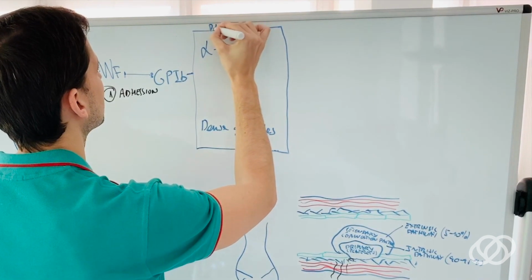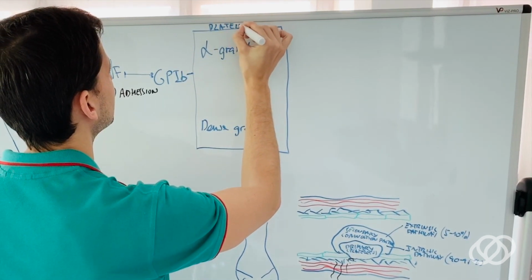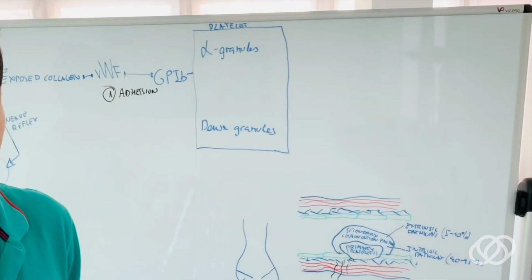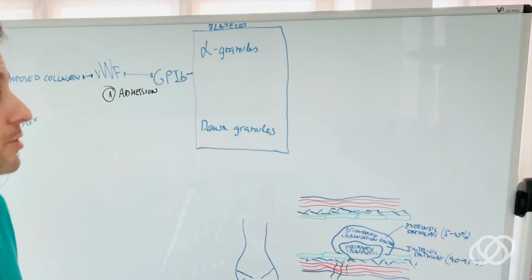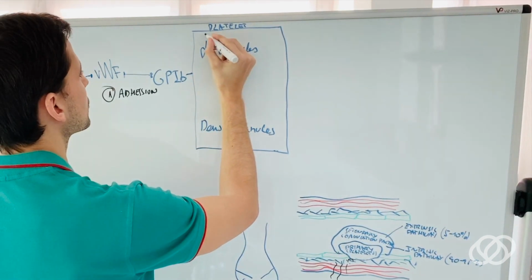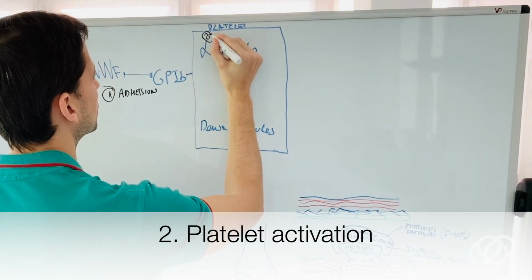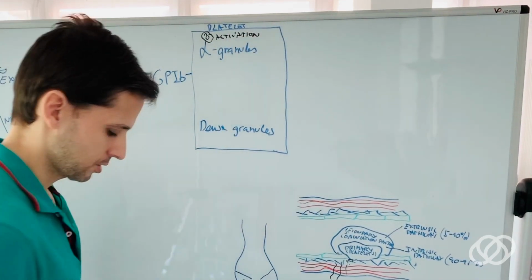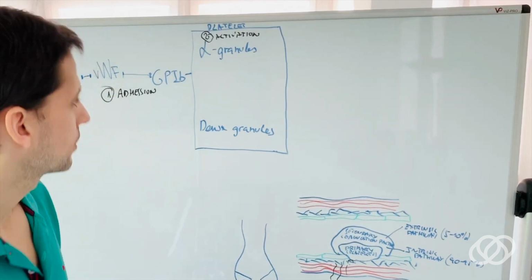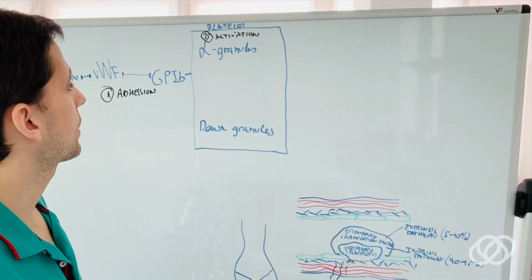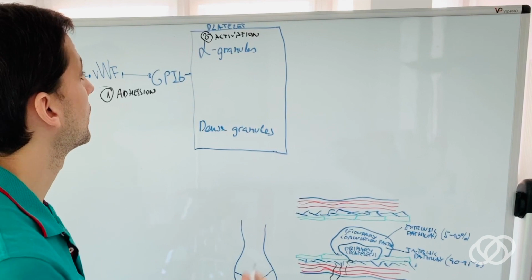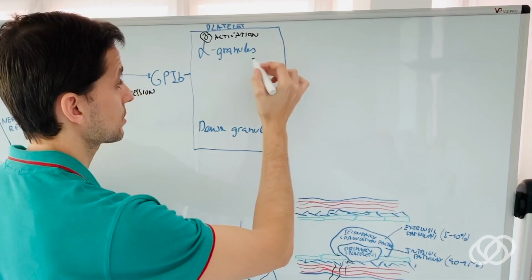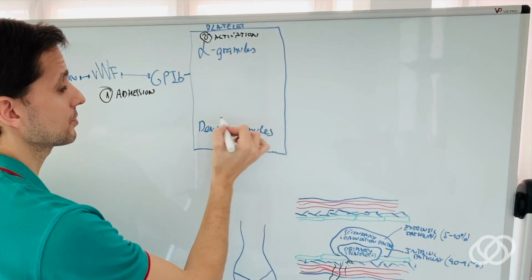So here we have the platelet. And here comes the second phase of the primary hemostasis: the platelet activation. When the platelet activation happens, the platelet starts releasing the substances that it has inside the granules.